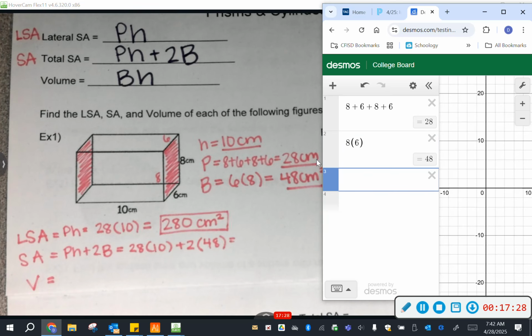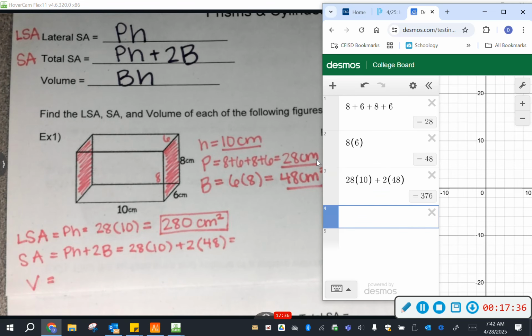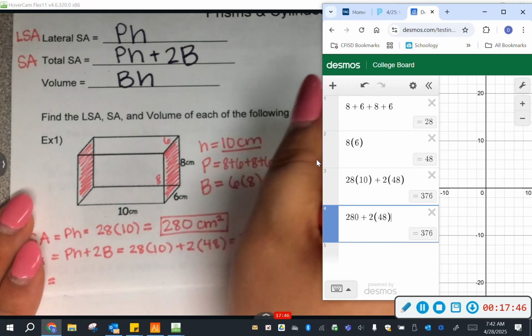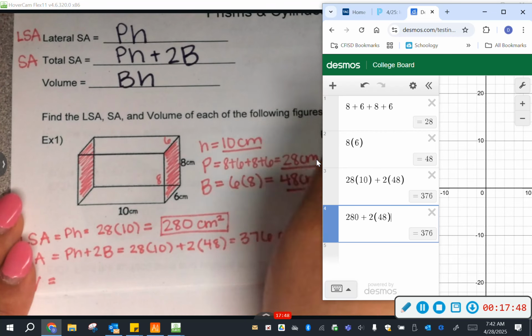So you can just do 28 times 10 plus 2, 48. Also, didn't you already do pH? Yeah. Could you just type in 280 plus 2, 48? It's the same thing. Doesn't matter. So what do we get? 376 centimeters. It's still area, so squared.